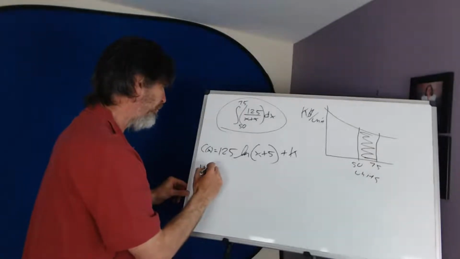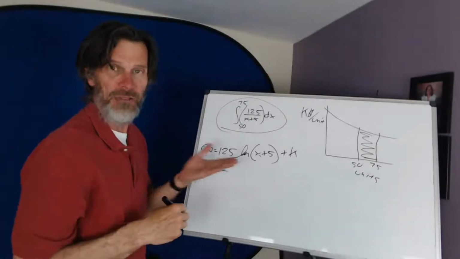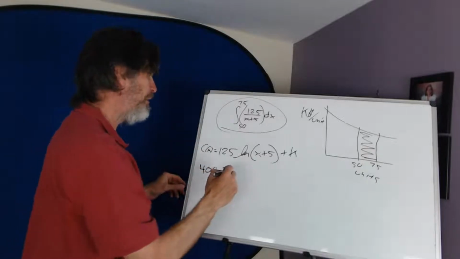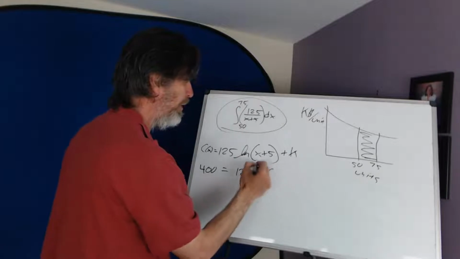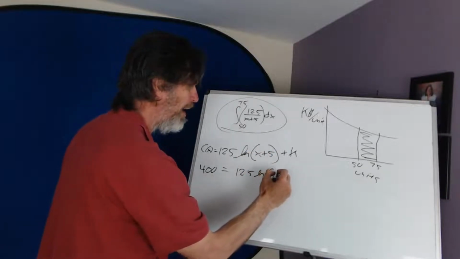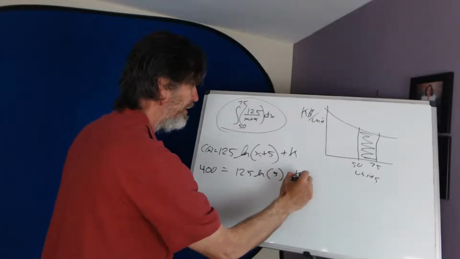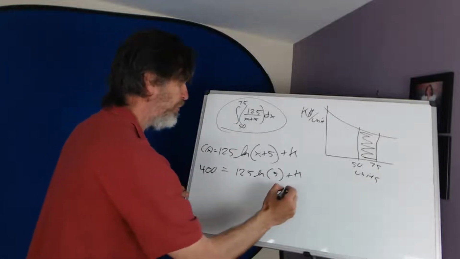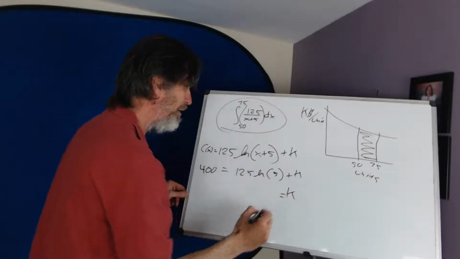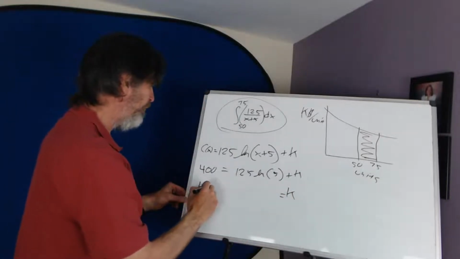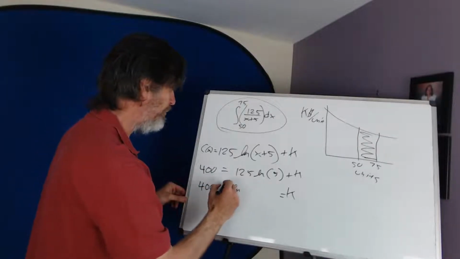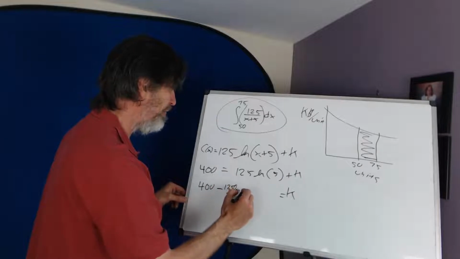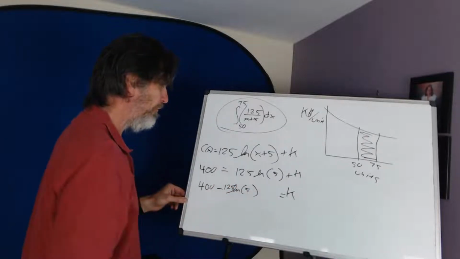So I'm going to set this equal to 400. Remember that cost is in thousands of dollars. So 400 equals 125 natural log of, plug in a 0 here, 5 plus k. So solving for k, again, the calculator here is going to be handy. We have 400 minus 125 natural log of 5.